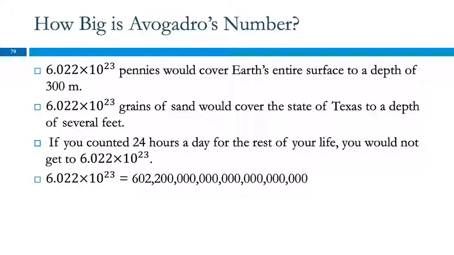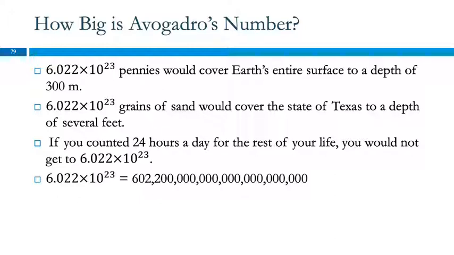Way, way bigger. So if we had Avogadro's number of pennies, it would cover the Earth's entire surface to a distance of 300 meters. That's like the length of 3 football fields deep. The whole Earth covered in pennies.